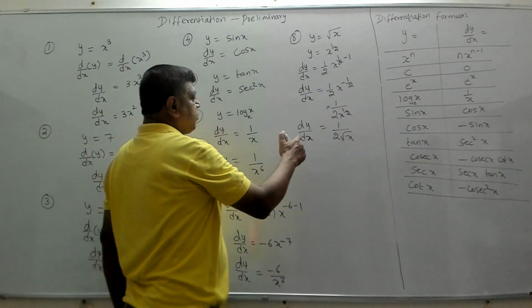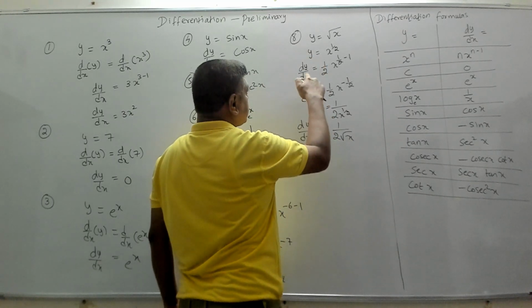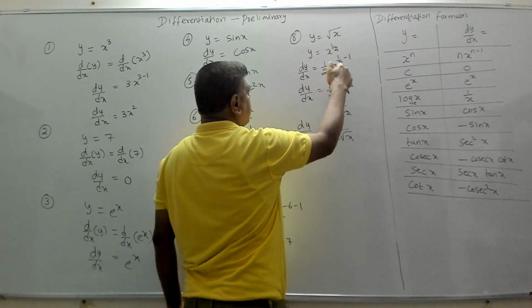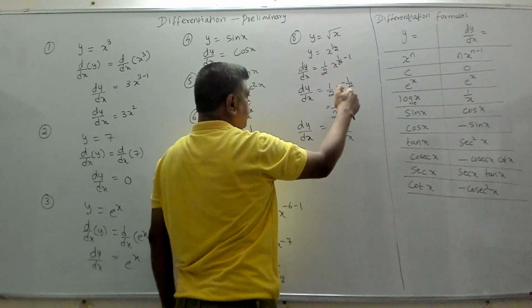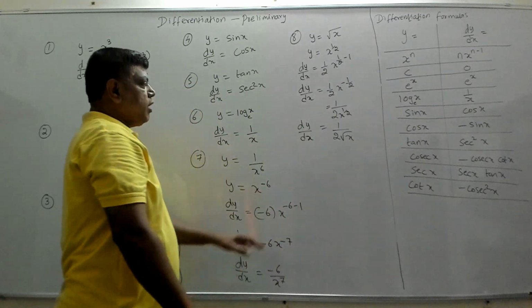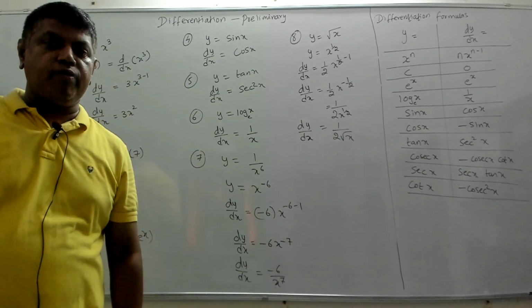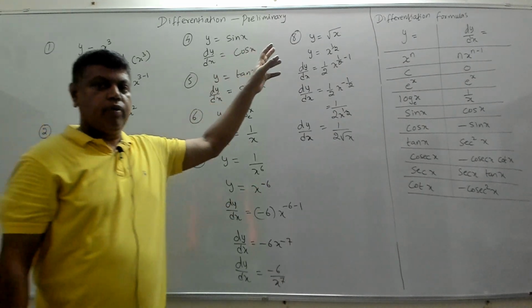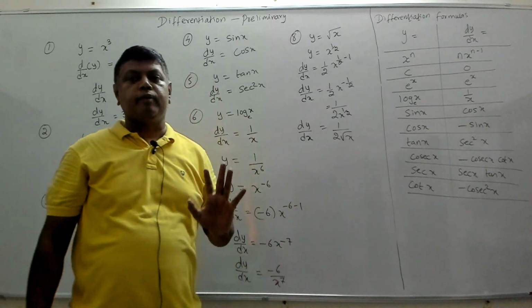So if you differentiate y, dy by dx is n x power n minus 1. Then 1 by 2, then x power 1 by 2 minus 1 is x power minus half. Continue, simplify, you get dy by dx is 1 by 2 root x. That is the derivative of root x. If y is equal to root x, then the derivative dy by dx will be 1 by 2 root x.